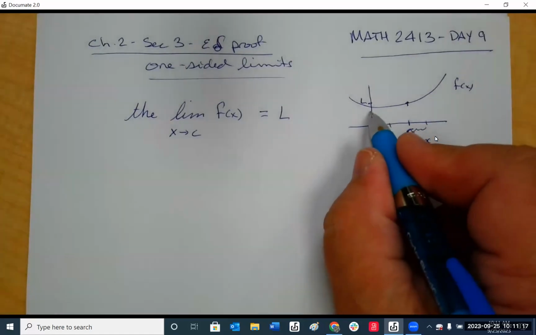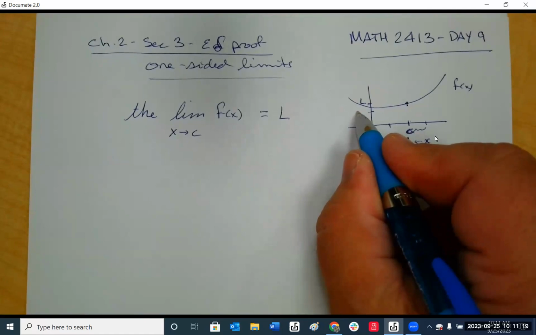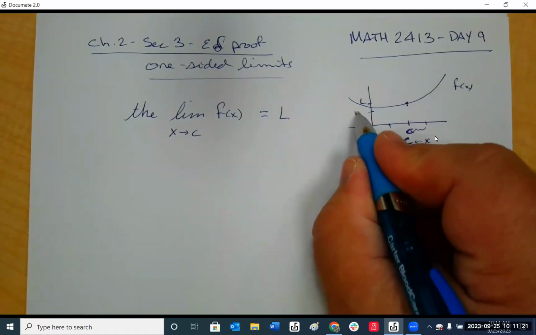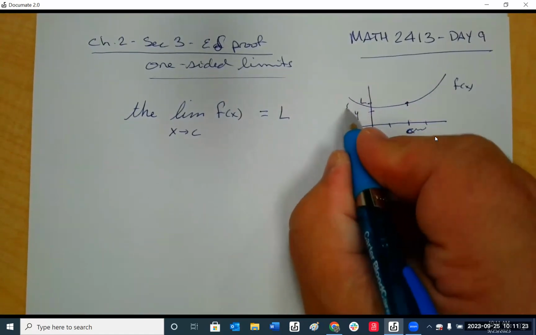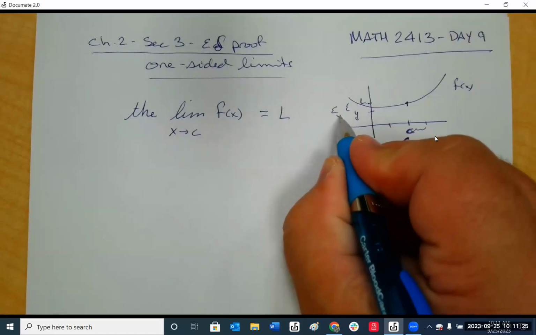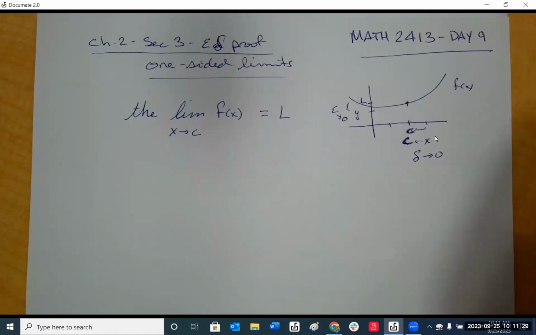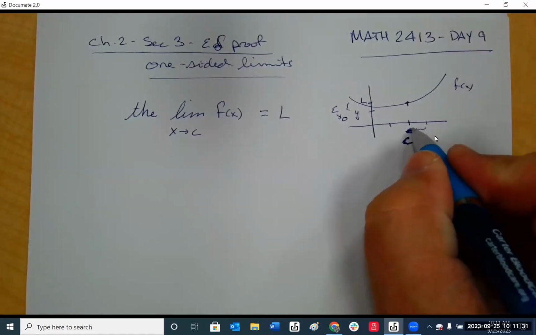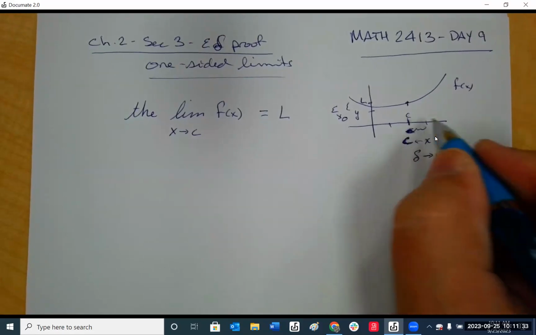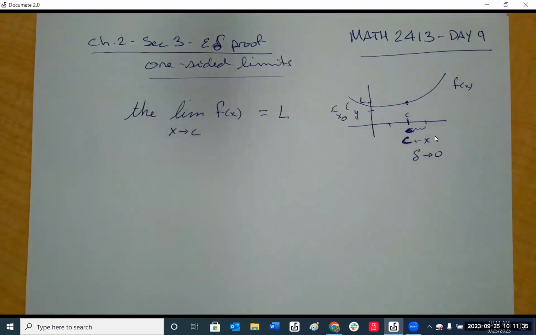And accordingly, these gaps on the y-axis, we call that epsilon, and that's going to eventually go close to 0 as well. So remember we said that it doesn't have to get to c, it just has to approach it.